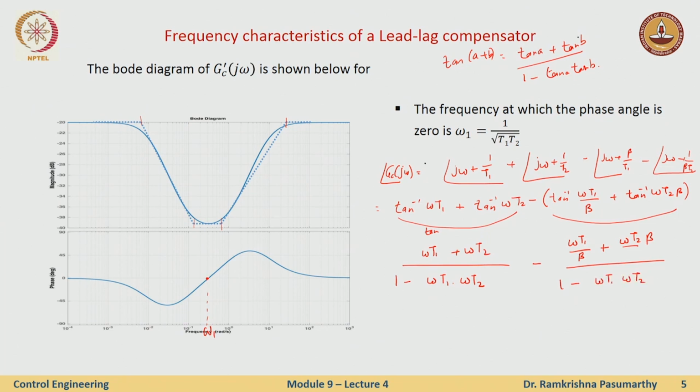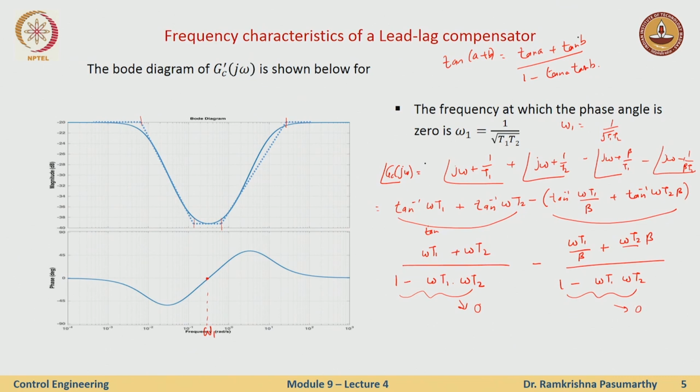Now what happens at a frequency where omega 1 is 1 over square root of T1 times T2? I substitute it here, and I see that the denominator tends to 0, and the denominator tends to 0 here also.